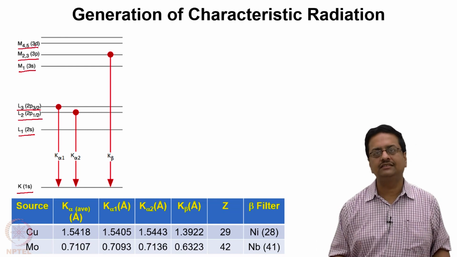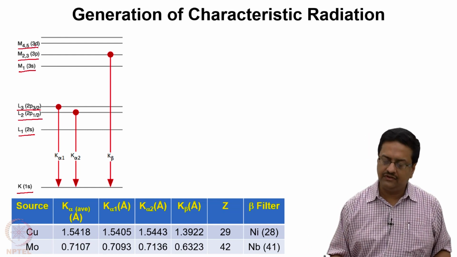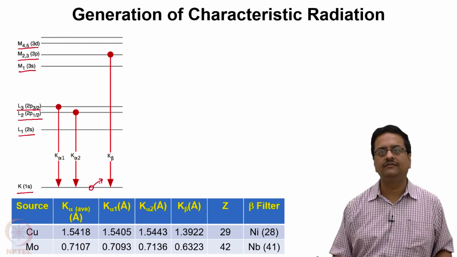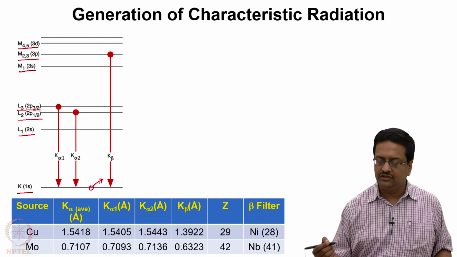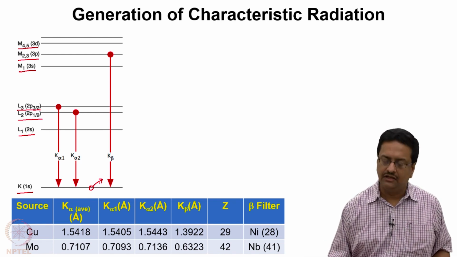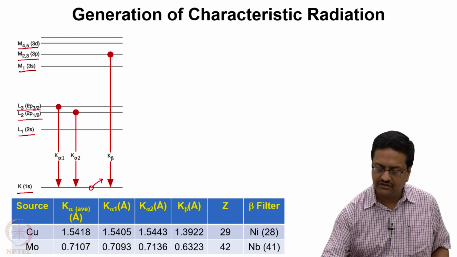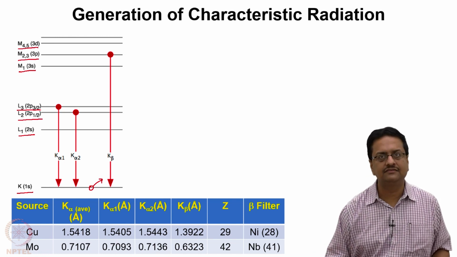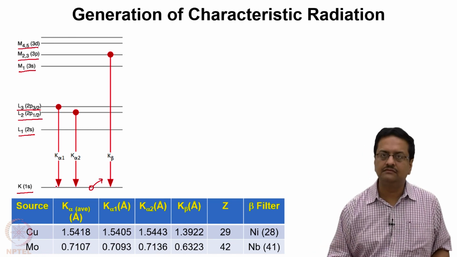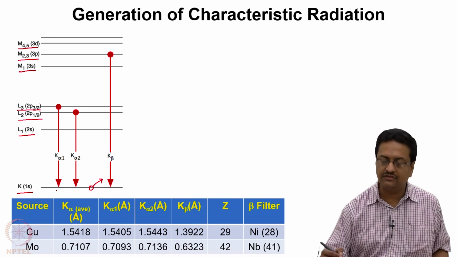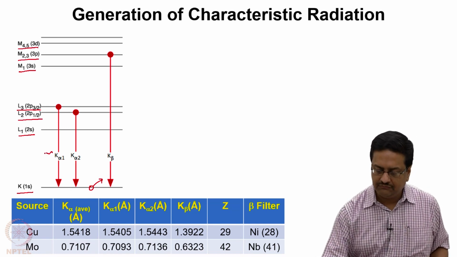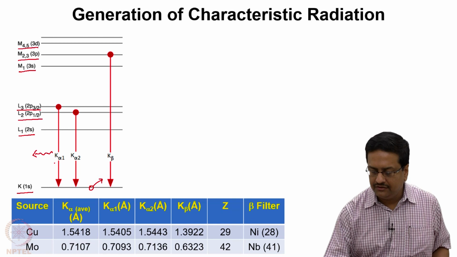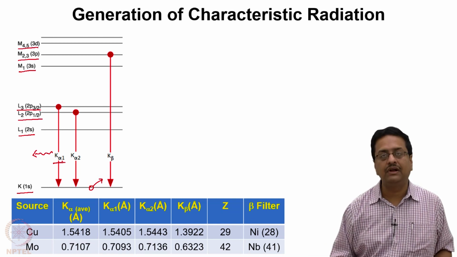So when the highly accelerated electrons come and collide with the anode, it removes one electron from the 1s orbital and makes a vacancy at that level. So immediately that vacancy has to be filled. It can be filled by a jump of an electron from the level L3, which is 2p 3/2, to 1s. This particular jump, when the electron falls from a higher level to a lower level, emits electromagnetic radiation falling in the range of X-ray, and that is called copper K alpha 1.